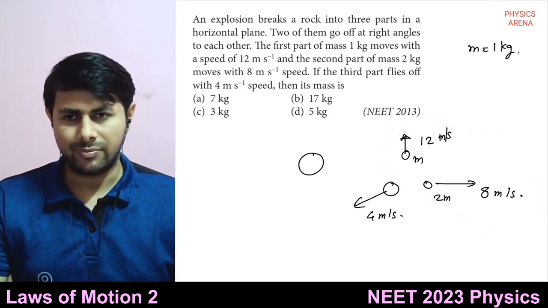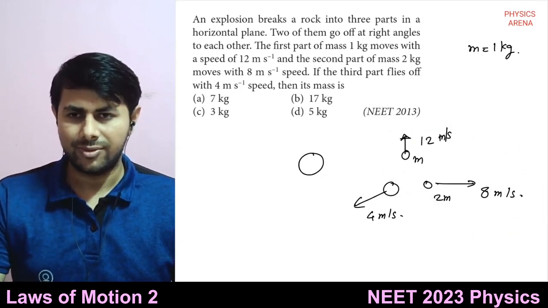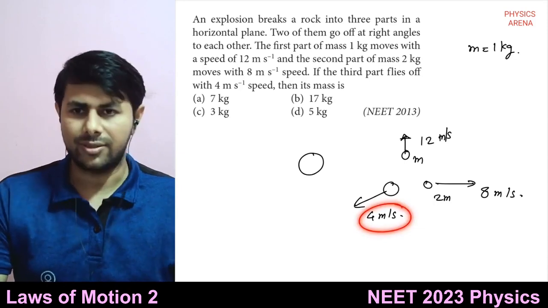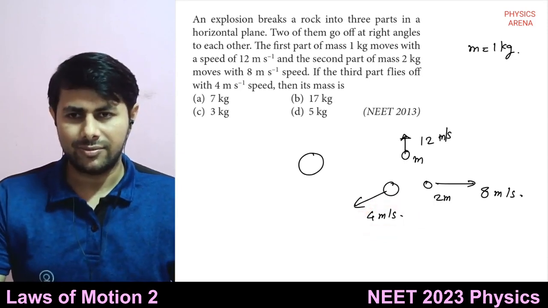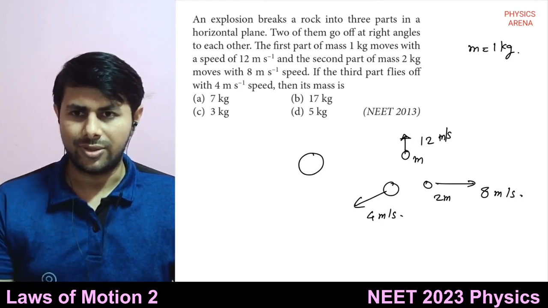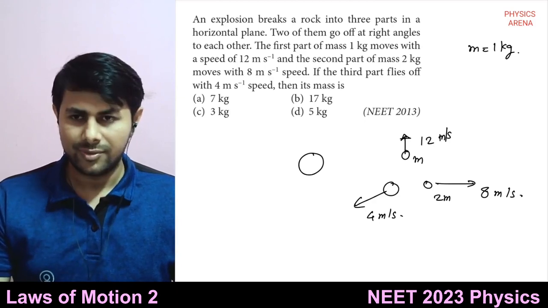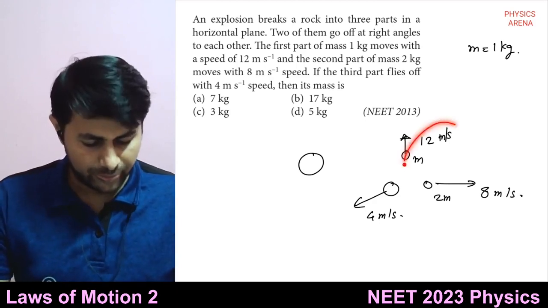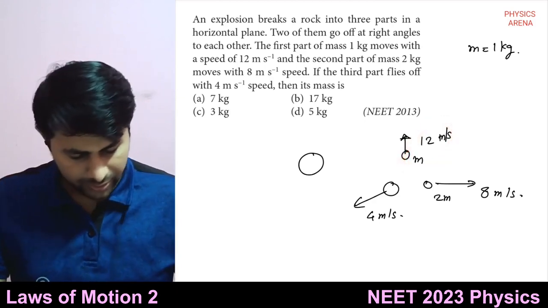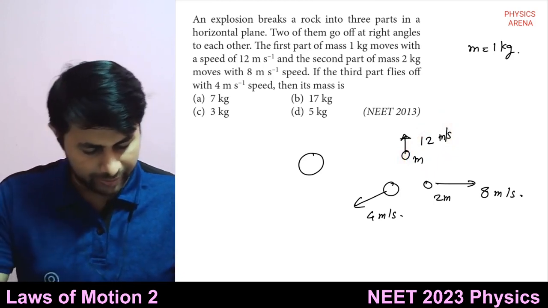Not the momentum itself, the magnitude of the momentum. Why? Because speed is given here, not the velocity. Okay, you got this? So we have to find the magnitude here.